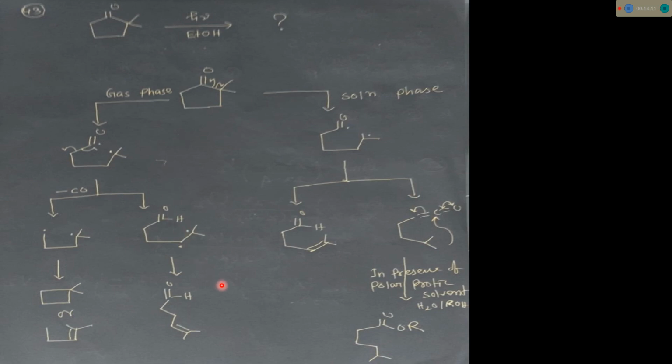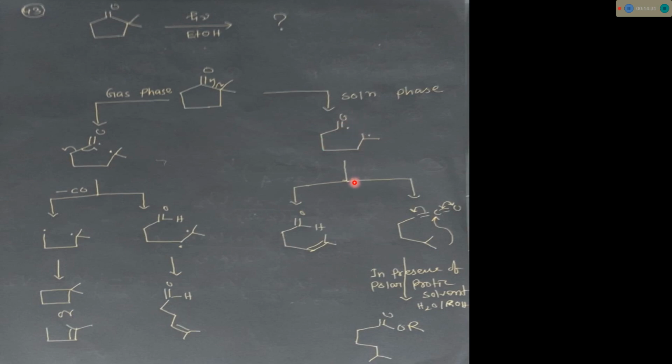So this is the general mechanism for Norrish type 1 reactions in gas phase and in solution phase. Normally in solution phase, decarbonylation, meaning leaving of the CO group, does not take place.